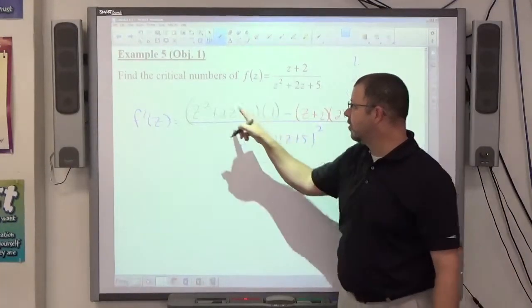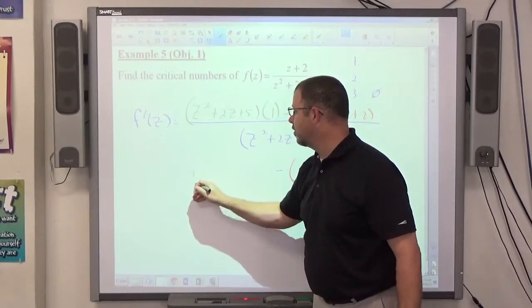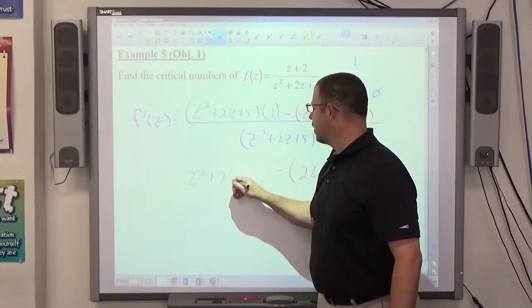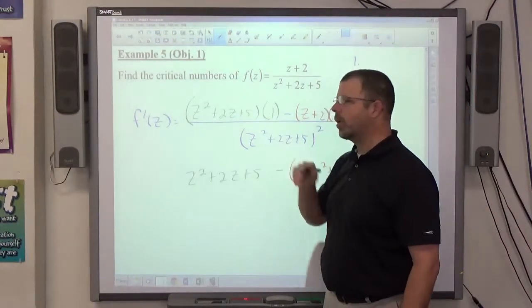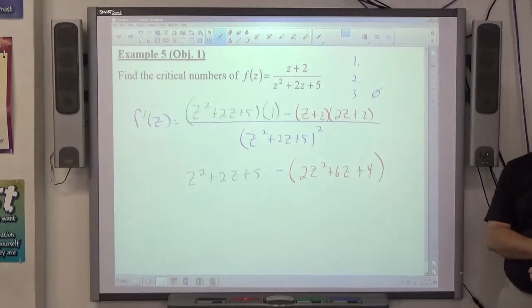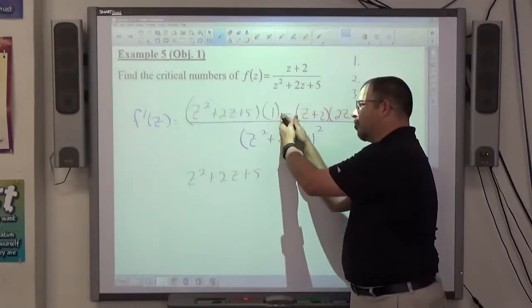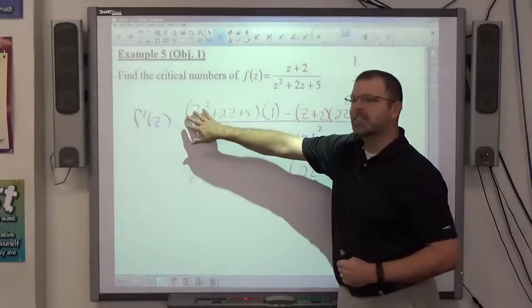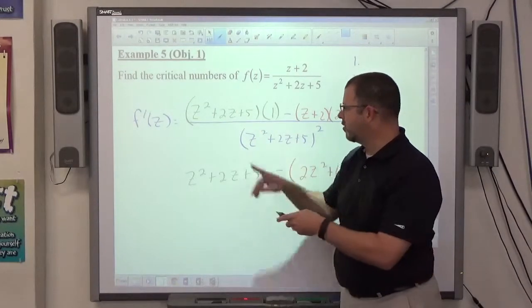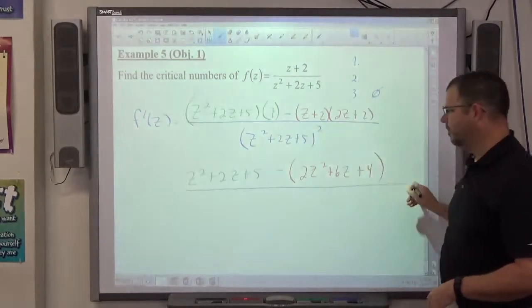As far as the green thing is concerned, a positive times the product, parentheses aren't necessary. So z squared plus 2z plus 5 is what the product of 1 and z squared plus 2z plus 5 is. If you wanted to put parentheses around that, that wouldn't hurt, but it's not required in that sense because nothing's happening to that. This thing is being subtracted by all this stuff. This thing is not being subtracted itself, so as soon as I multiply 1 times all that stuff, it's now fixed.